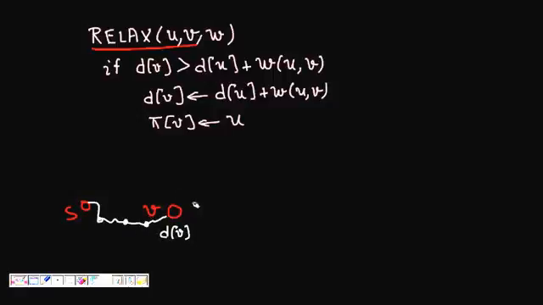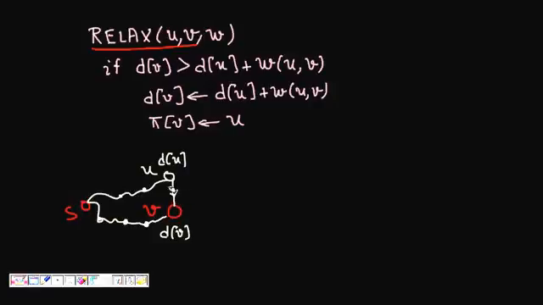Then there is another node U and there is some distance from S to U with some intermediate nodes, and this is d[U]. So now in relaxation, let us have an edge (U, V).